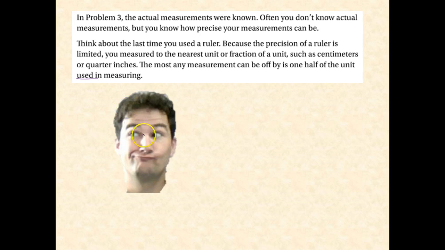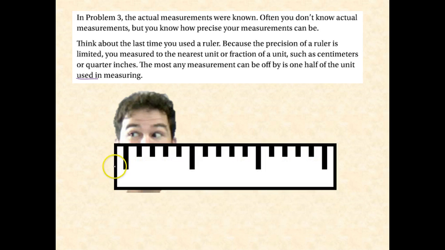So, let's say you wanted to measure my face with this ruler. From this ear to this ear is approximately, let's see, 1, 2, 3, 4, 5 little units. But this ear doesn't go exactly there, does it? No, not exactly.